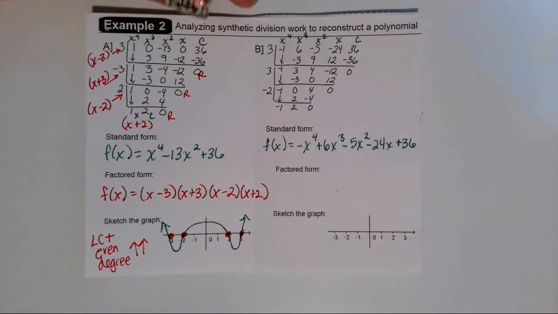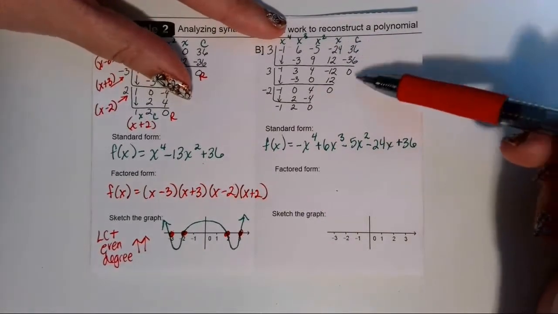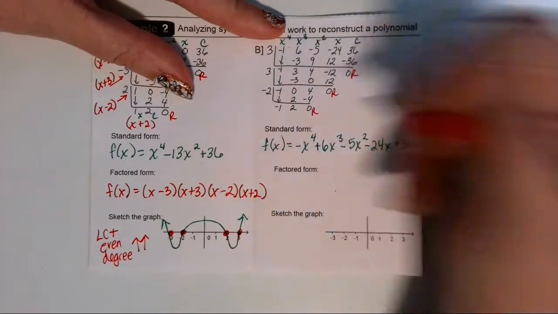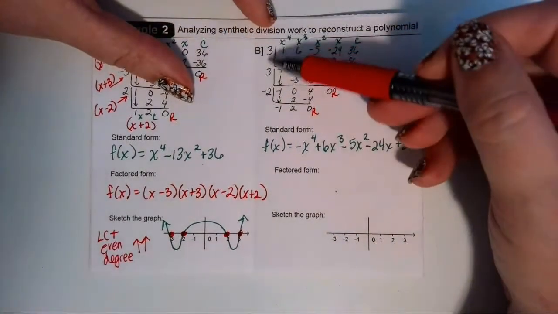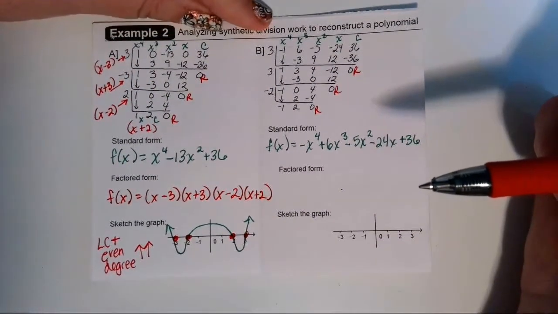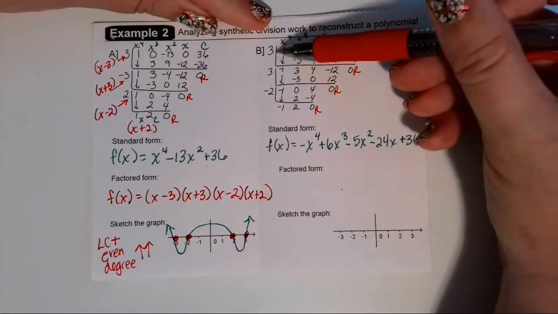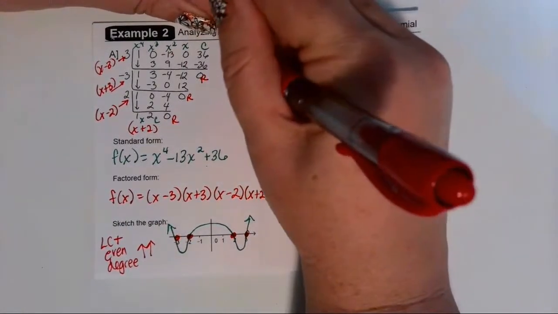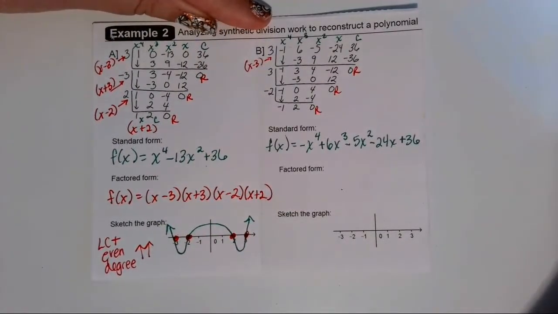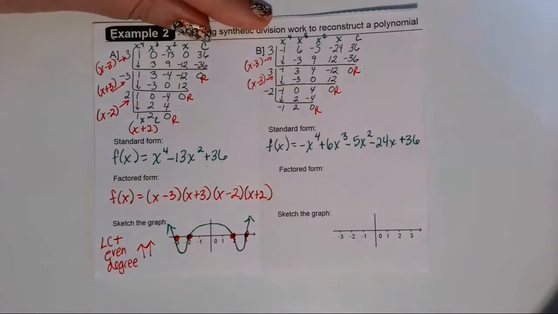Okay, the factors, if we notice in the work for the synthetic division, each division results in a remainder of 0. So all three of these divisors are factors, according to the factor theorem, of the polynomial. So if 3 was my divisor, then the factor that corresponds with that divisor was x minus 3. Okay, so then we have another x minus 3.